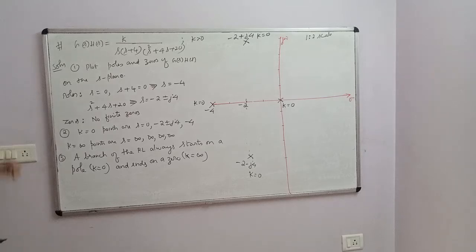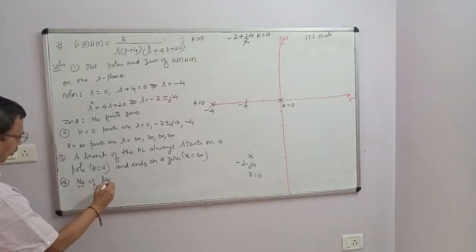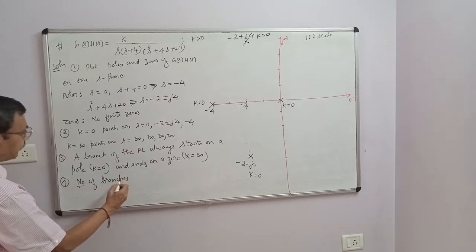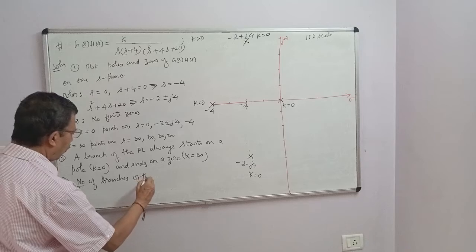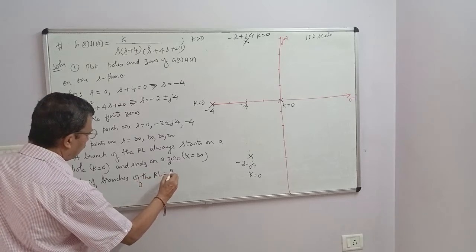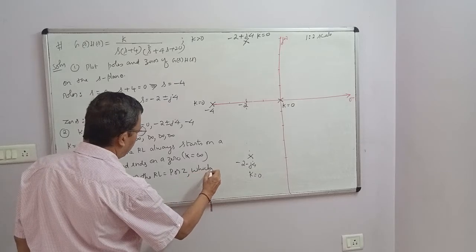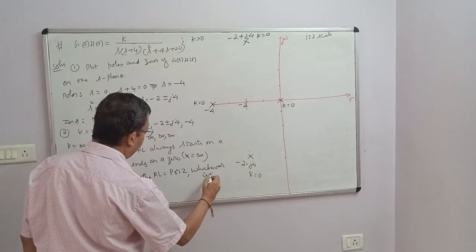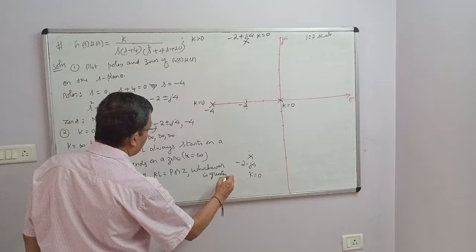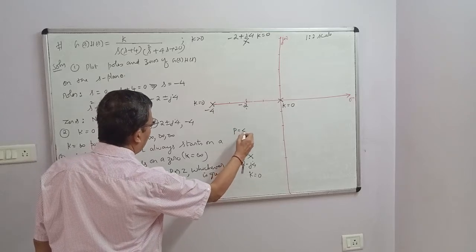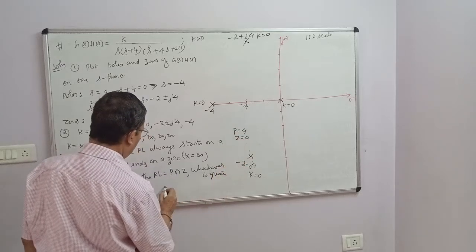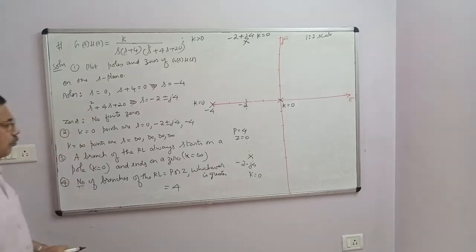All these are routine steps. Fourth one, number of branches of the root locus is equal to p or z, whichever is greater. In this case, p is 4, z is 0. Therefore, number of branches is equal to 4. There are 4 branches.